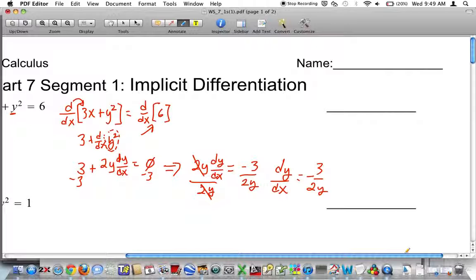Okay, so this answer is going to be negative 3 over 2y.